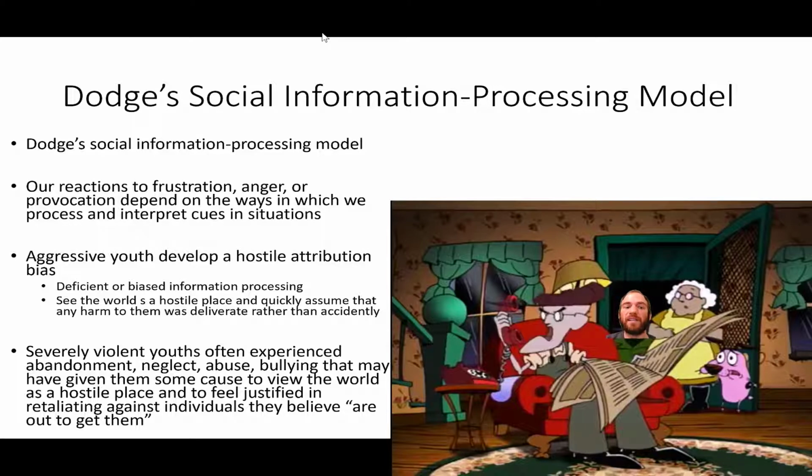Many violent youths typically experience violence committed against them: abandonment, neglect, abuse, bullying, so violence at the interpersonal level, but also society abandoning them, leaving them hanging out to dry. And thus the hostile attribution bias doesn't just come from the sky. This is the life that they lived. The world is literally a hostile place towards them.